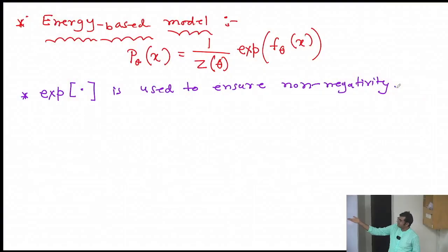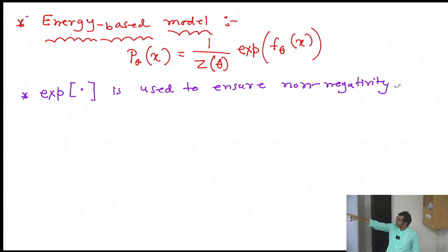There is one more reason. Can you think? Exponential family. Many of the distributions fall into the exponential family. This also ensures that this is in the exponential family, because it is exponential of something. You can see, right? f theta of x, you can always write as theta times x, with some non-linearity obviously.